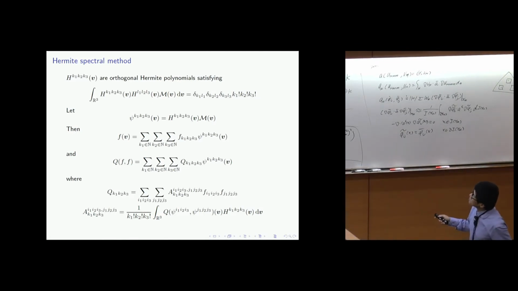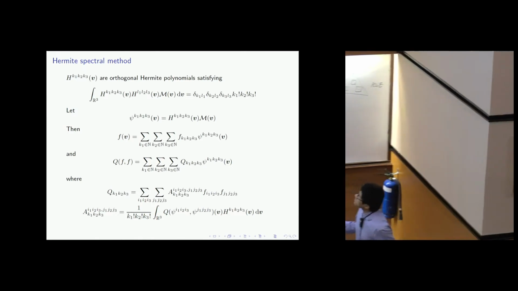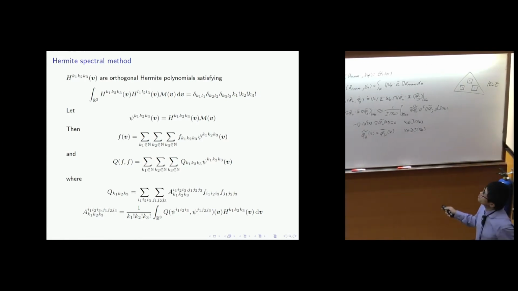Therefore, in its expansion, the coefficients should also be a bilinear function of the coefficients for f. But this is a very abstract form. You know that you should have some coefficients here. Now what you need to use is just the orthogonality of the basis functions, and you can find the coefficients in this expansion. So until now, everything is very standard.